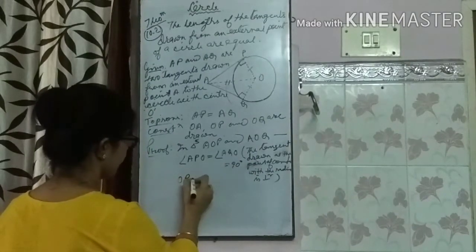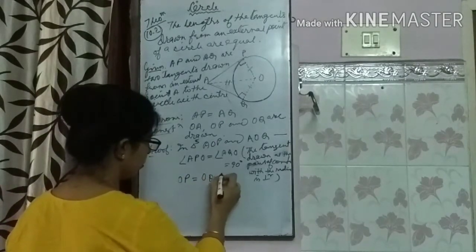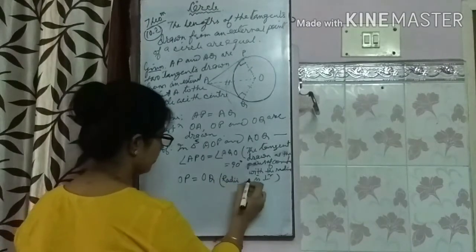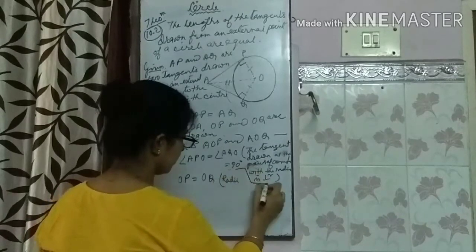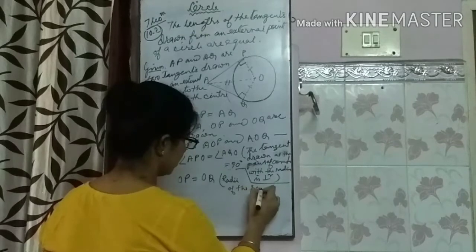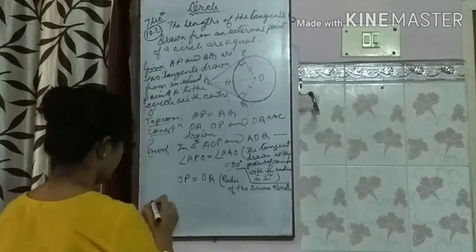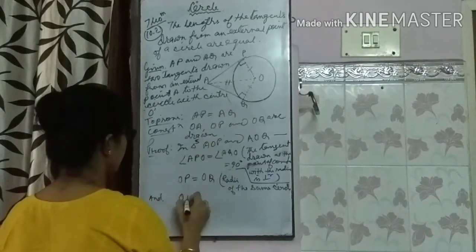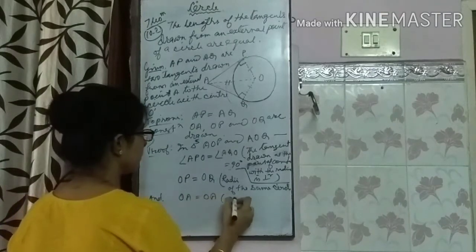OP is equal to OQ. Here you write radii of the same circle, and moreover OA equals OA, common side.